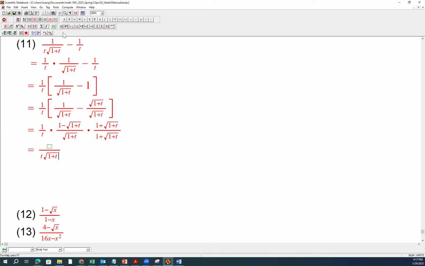So when we join the denominator, we need to put the parentheses for the 1 plus. Numerator: 1 times the product of the conjugates, 1 minus, 1 plus. So that will give us 1 squared minus this piece being squared.